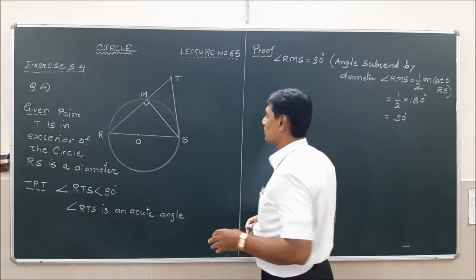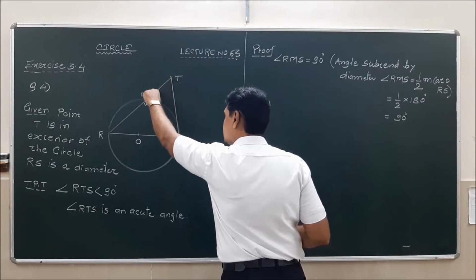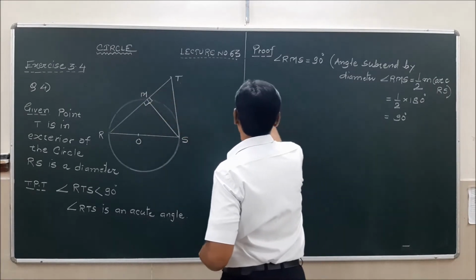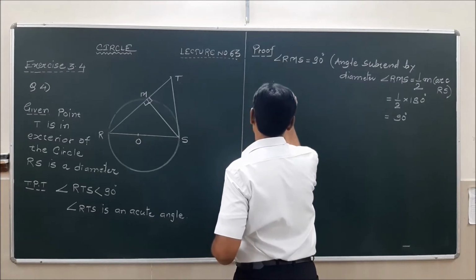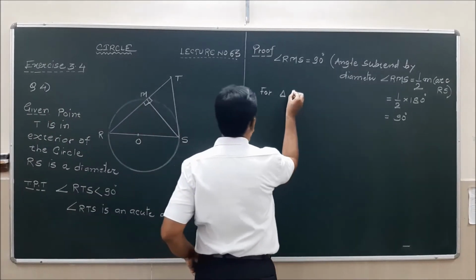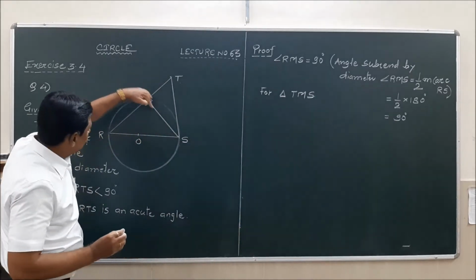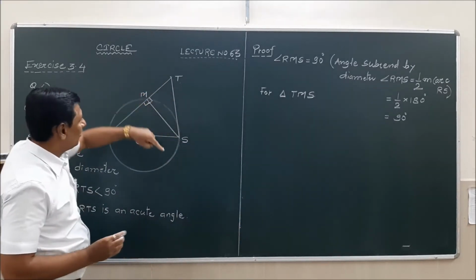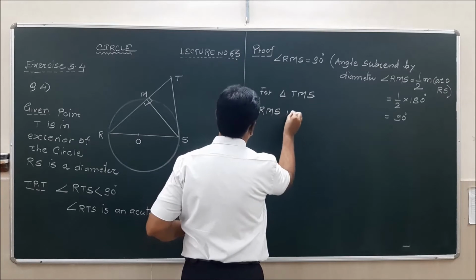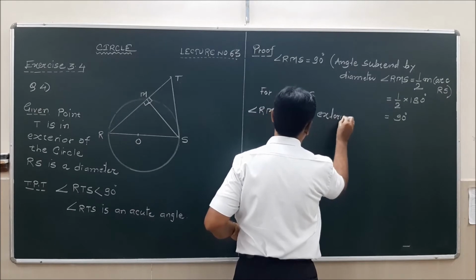Now please try to understand. For triangle TMS, I am talking about this triangle TMS, this is 90. So for triangle TMS, angle RMS is an exterior angle.